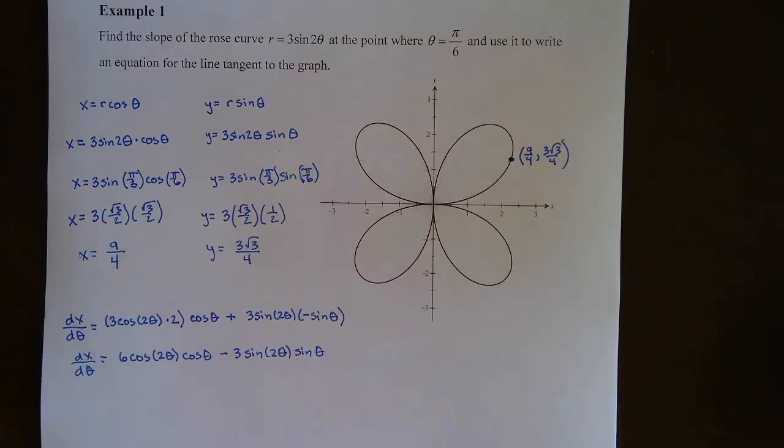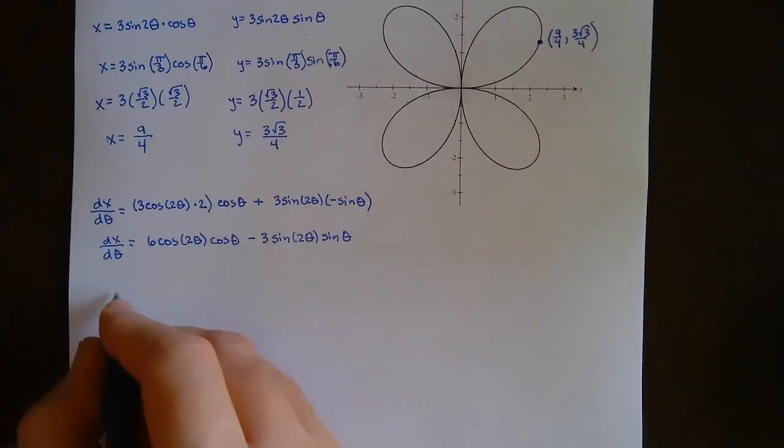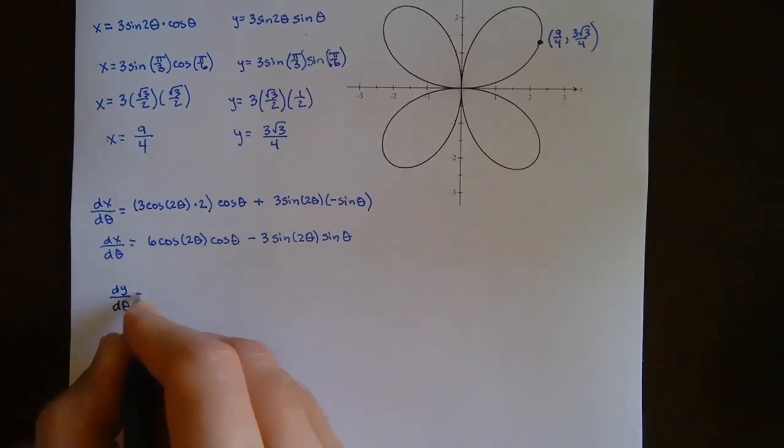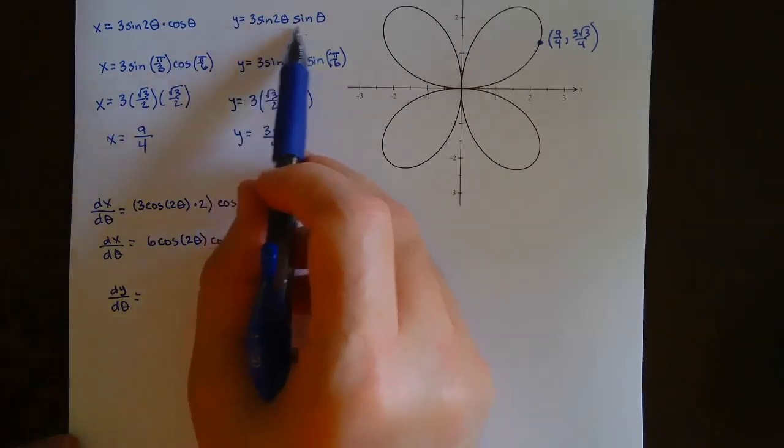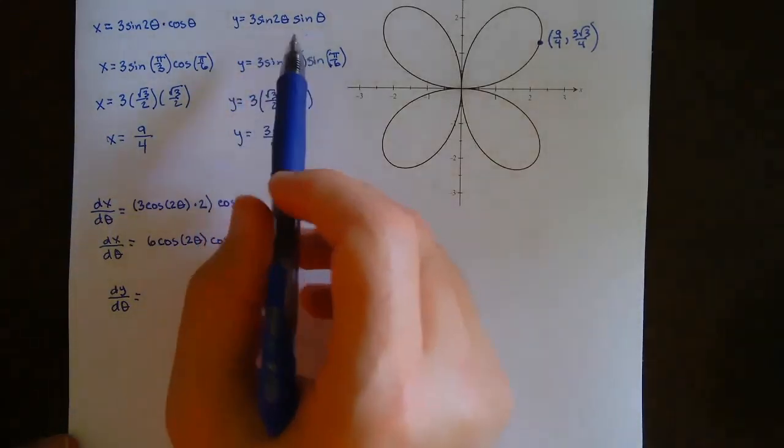Okay, so now let's find dy over d theta. I'm going to slide it up a little bit. So dy over d theta is equal to, and we're going to have to take the derivative of this one, so we have to use the product rule again.